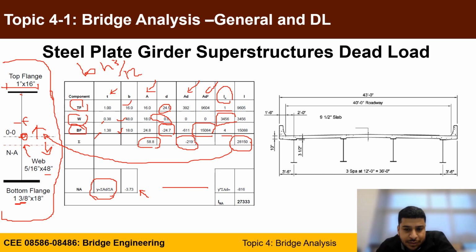You need to calculate that to offset your inertia too. So now you can calculate y bar times the summation of AD, and you add these two values to the inertia, and you get your final inertia around the centroid of your cross section.